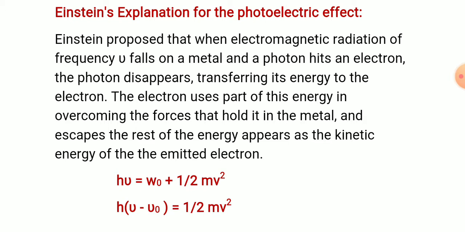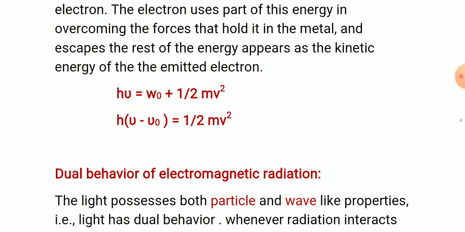According to Einstein, h nu is equal to W0 or omega 0, which is work function, plus half mv square. Writing W0 as h nu 0 and arranging, the equation looks like h into nu minus nu 0 is equal to half mv square. This is Einstein's equation of the photoelectric effect.